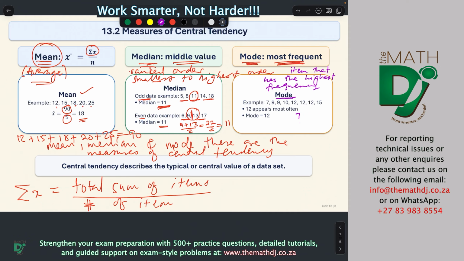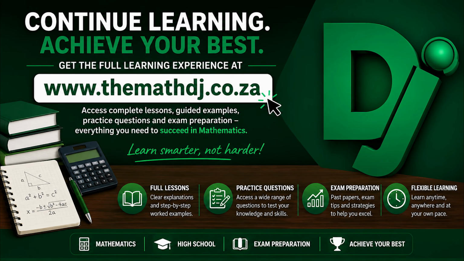There's 7, 9, 10, 12, and 15. So 7 appears 1 time, 9 appears 2 times, 10 appears 1 time, 12 appears 3 times, right? Then 15 appears 3 times, because 1, 2, 3, right? Because 12 has the highest frequency, that's why it is the mode. So just to wrap up, central tendency describes the typical or central value.